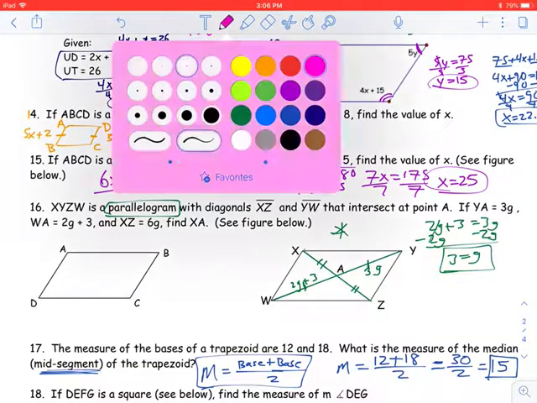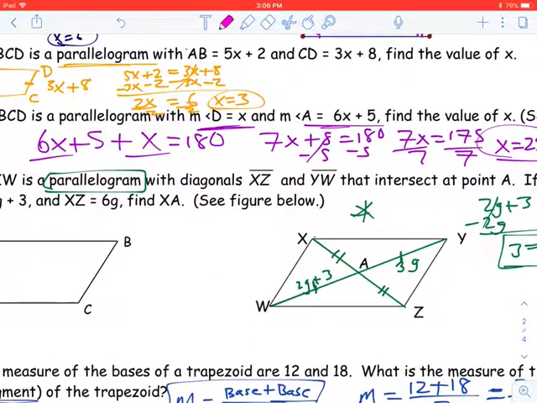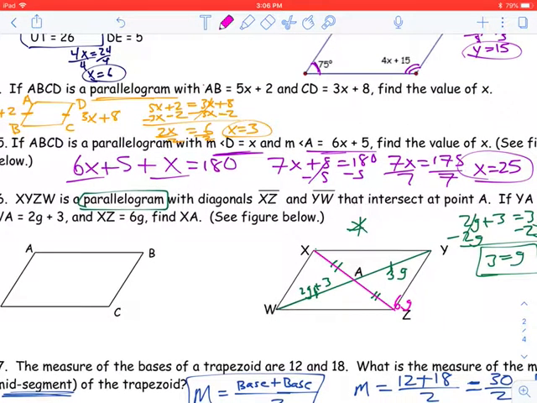So if this whole thing, XZ, is 6G, okay, I just found G is 3, so 6G is 6 times 3, which is 18. So if this whole thing is 18, then that splits it up into 9 and 9.